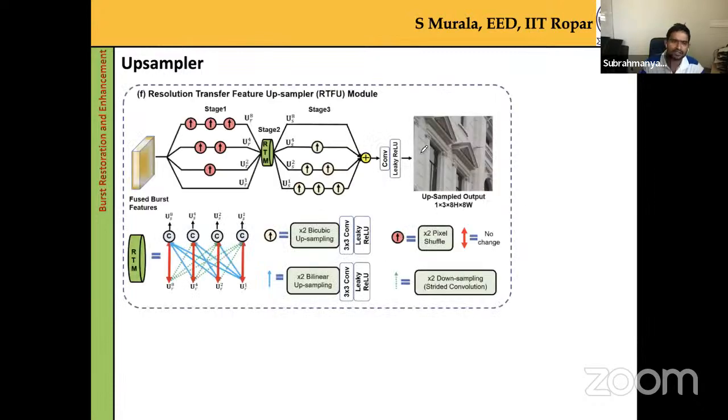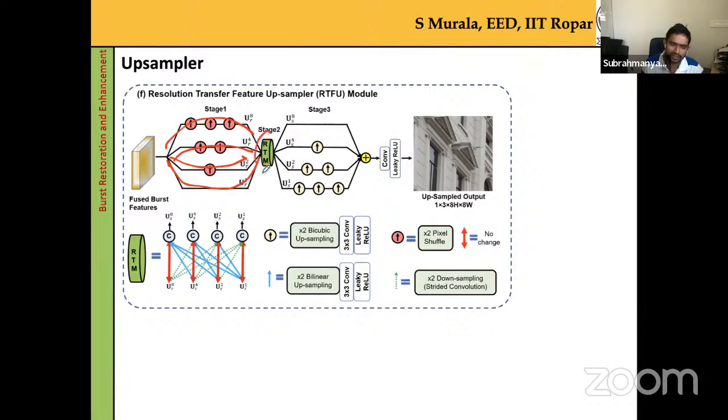In traditional algorithms, people use only either upsample by 2, or upsample by 4, or upsample by 8 directly. But we developed the upsampling so that the as-is size is used. One is upsample by 2, another is upsample by 4, and another is upsample by 8.